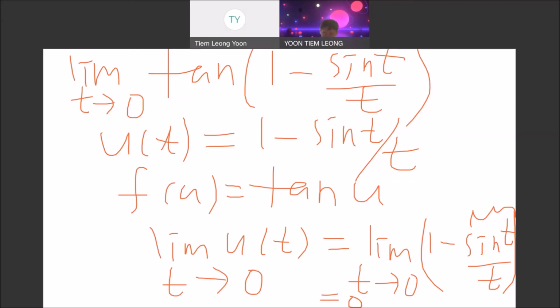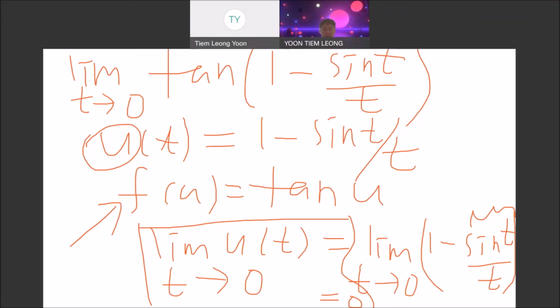So what I am saying here is that the limit of u as t goes to 0 exists and its value is just 0. That established the first step, that the limit of u exists when t tends to 0. Now we have to prove another thing.